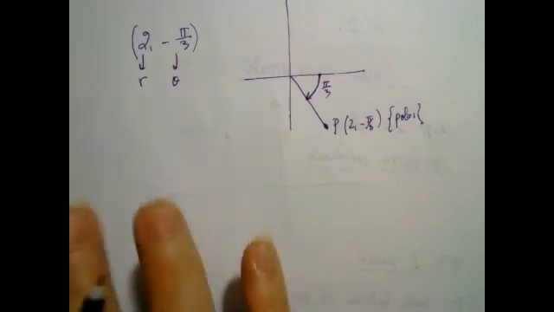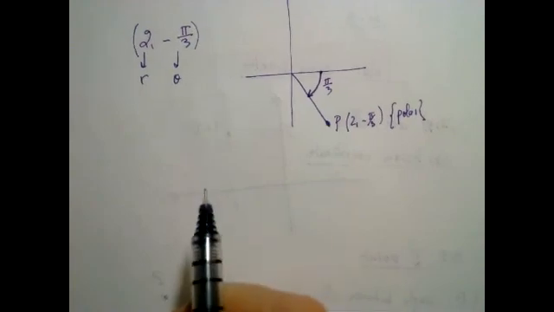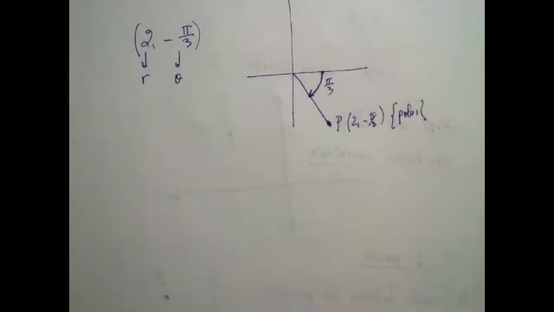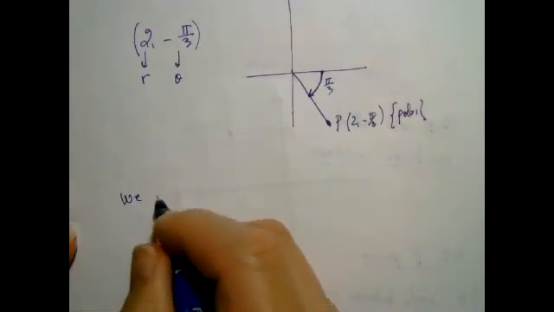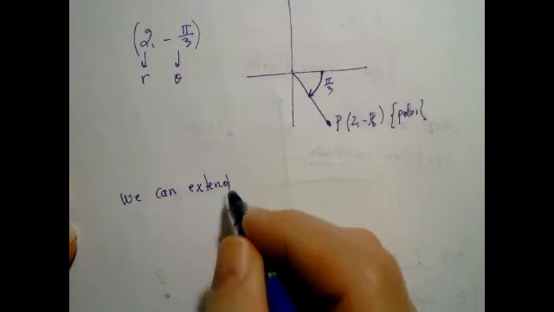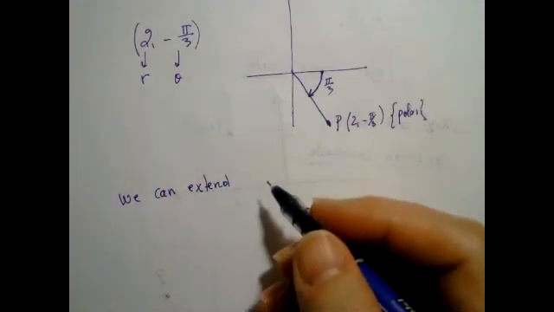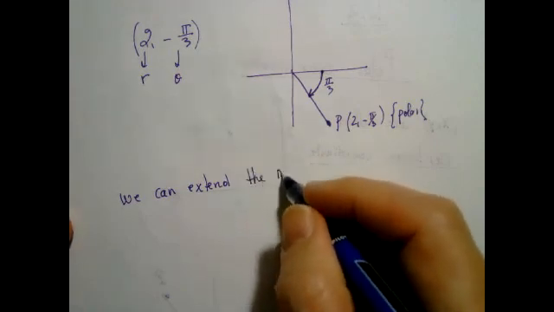And in my definition here, I'm assuming r is positive because I assumed r is the distance from 0 to P. So we're going to extend the meaning of r to allow it to be negative.